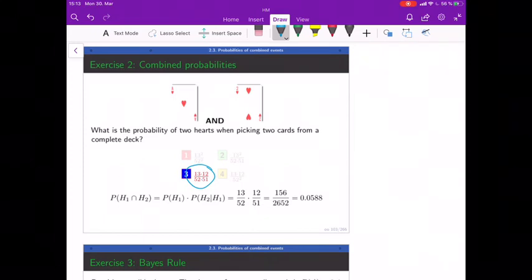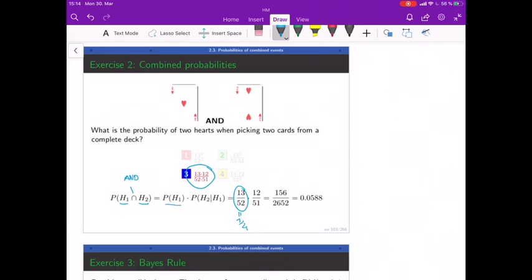Again, we can use the rule: heart 1 intersection heart 2, so we have an AND. The intersection corresponds to an AND. We can write it like this, and the probability of the first heart is easy. It's 1/4 or 13/52.